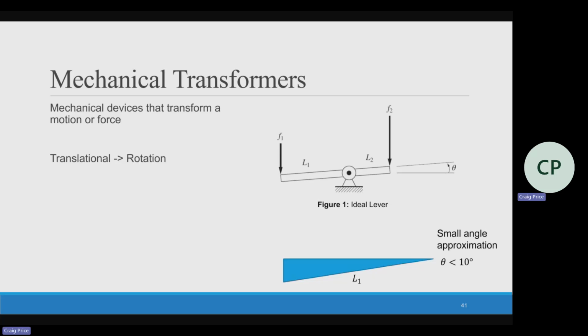The small angle approximation goes like this. Here is a right triangle. Here's my angle right here. What would this top side be? If I have my right triangle and my angle, what is the length of this line? If L1 is the hypotenuse.